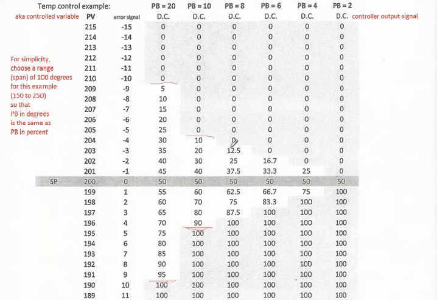So again, now proportional band is just 8 degrees wide, or you could call it 8% since our span is 100. 6% or 6 degrees. Look here, proportional band has been cut all the way down to just 4% or also 4 degrees.